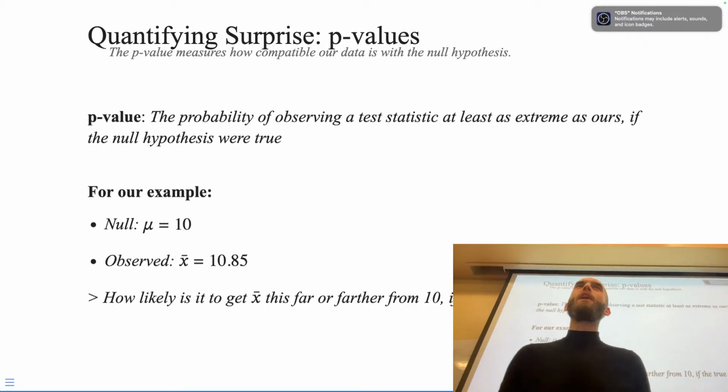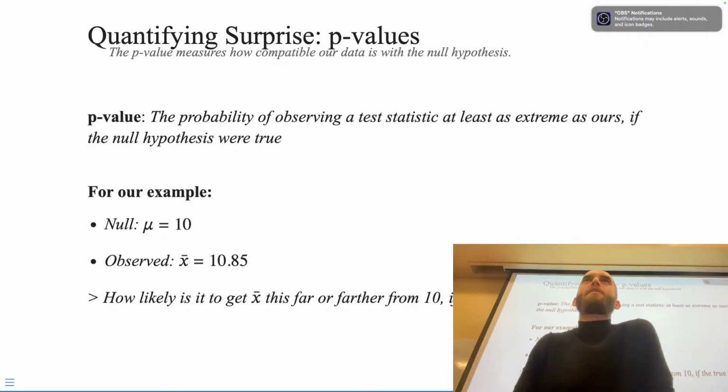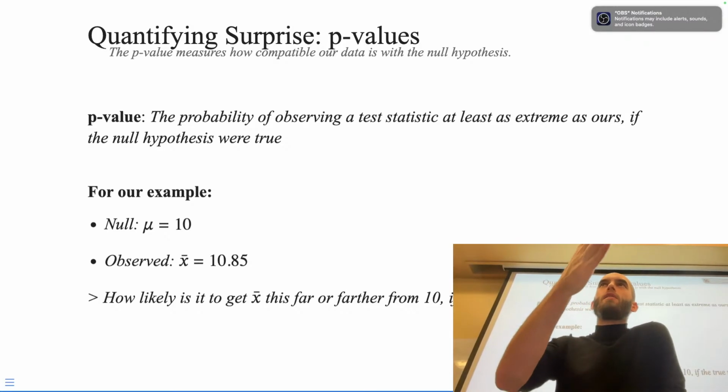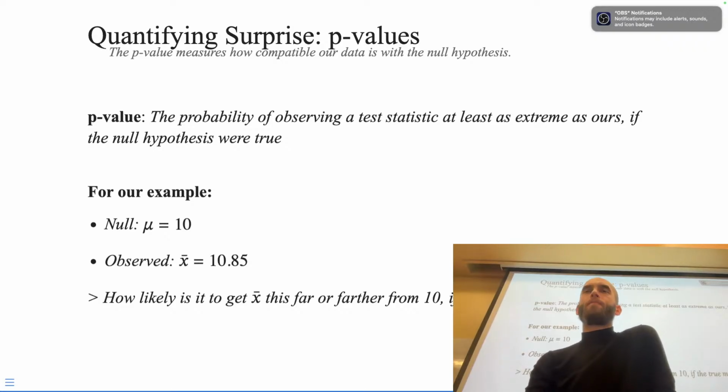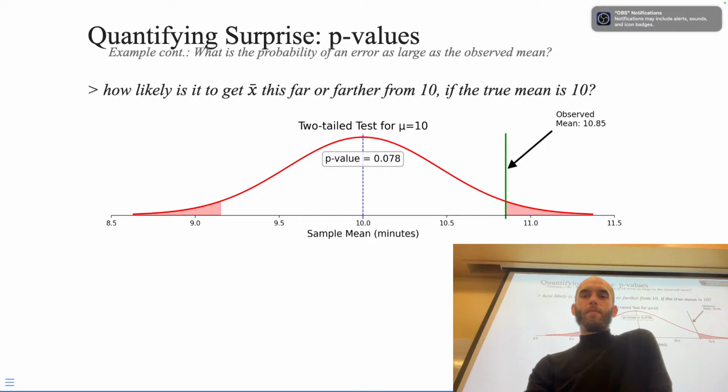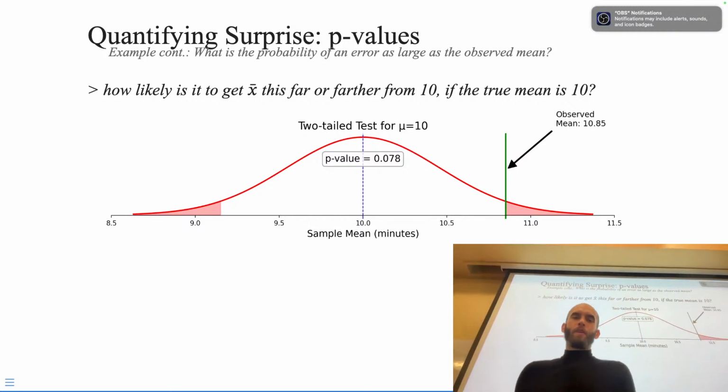So we're going all in on our null hypothesis, centering the distribution around the null, and then checking how much of the tails is beyond something like 10.85, our sample. A picture of this looks like this.